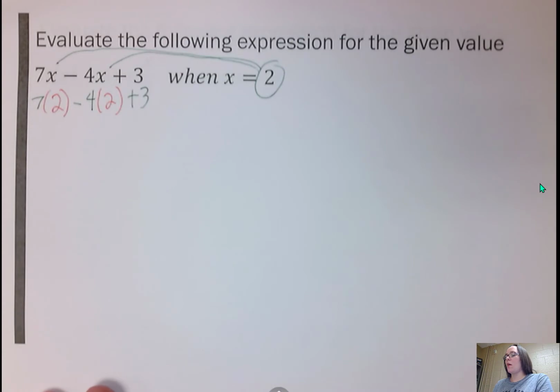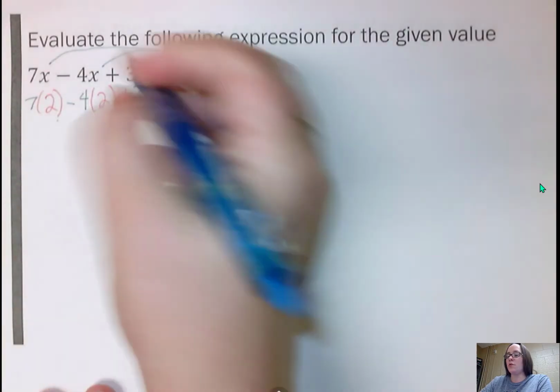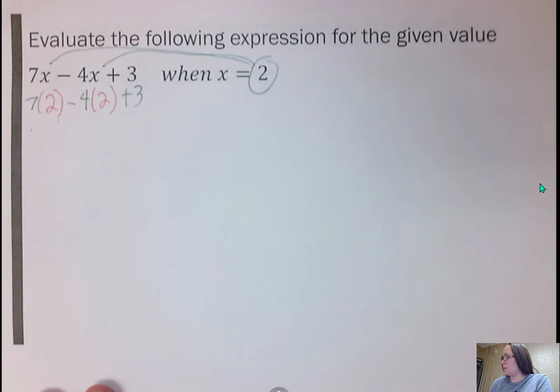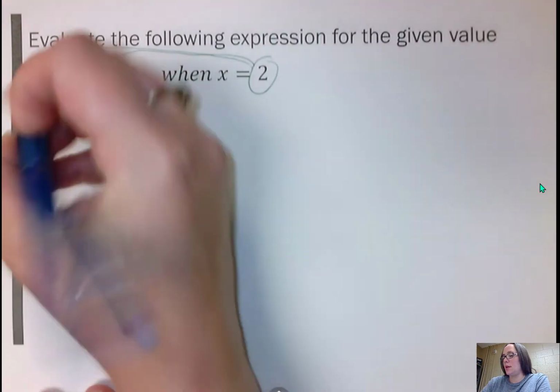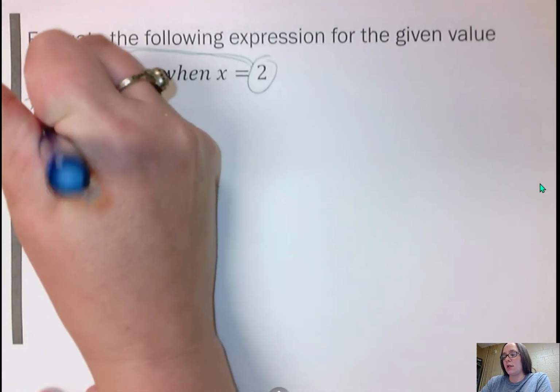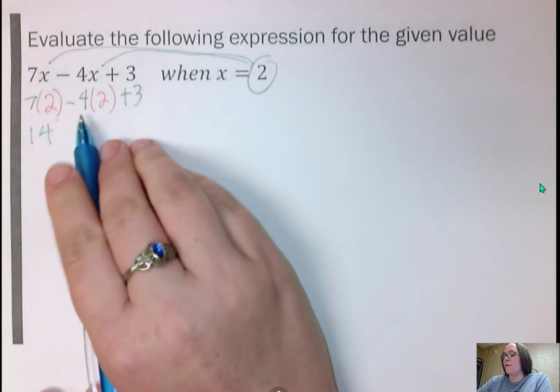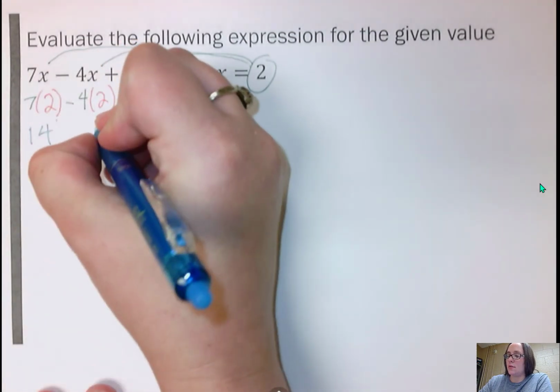Order of operations tells me parentheses or grouping symbols. I don't have any grouping symbols that aren't already simplified. Exponents or radicals, don't have any of those. So we have multiply, divide. 7 times 2 is 14. 4 times 2 is 8.